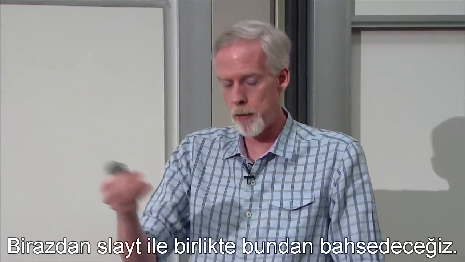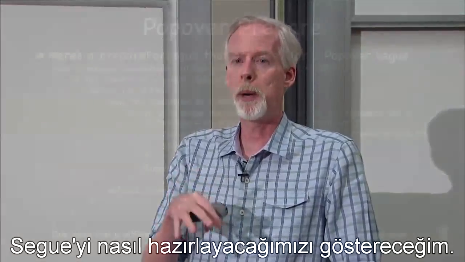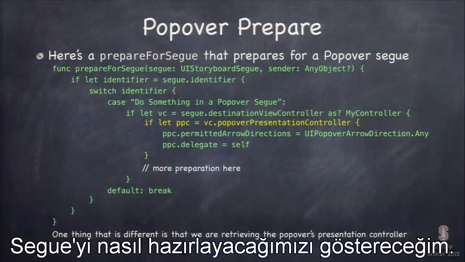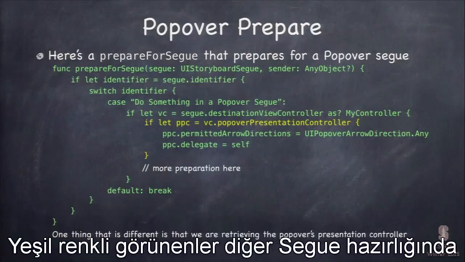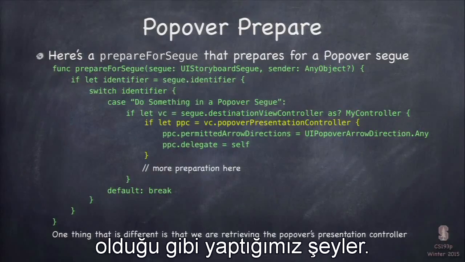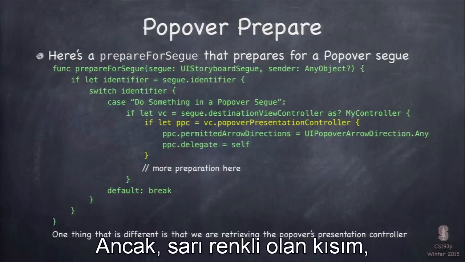Okay? So we'll have a brief slide that talks about that in a second. But first I want to show you how in prepare for segue you get a hold of that popover presentation controller, and you can do something like set yourself as delegate. So in this prepare for segue, all the green is basically exactly the same as you would have in any other prepare for segue.